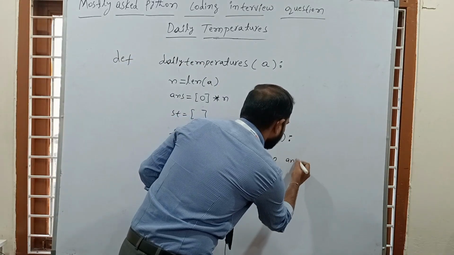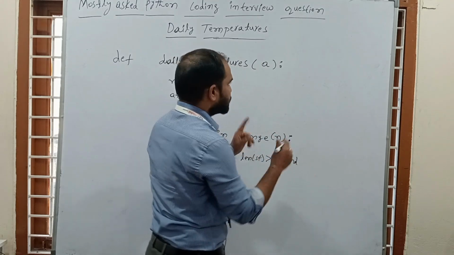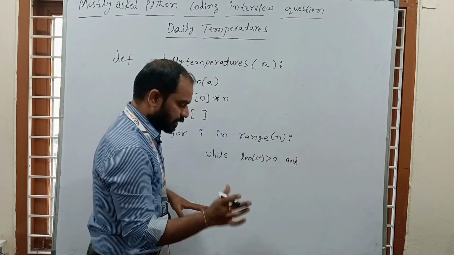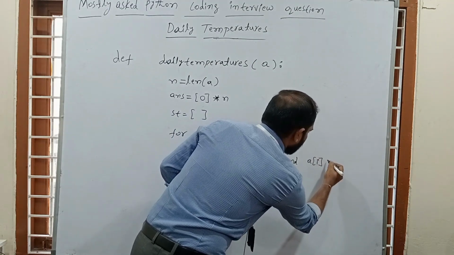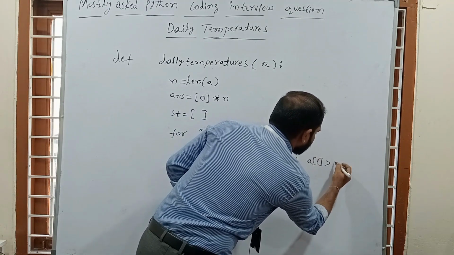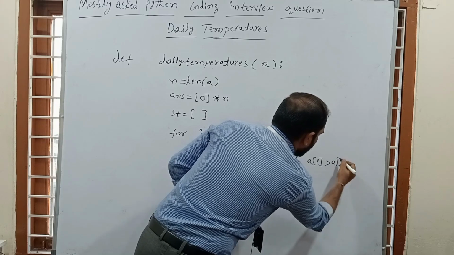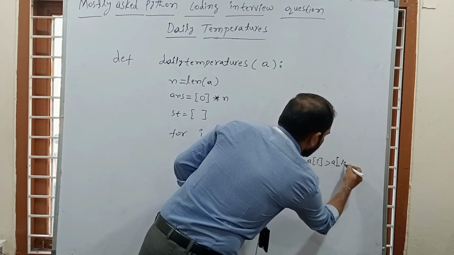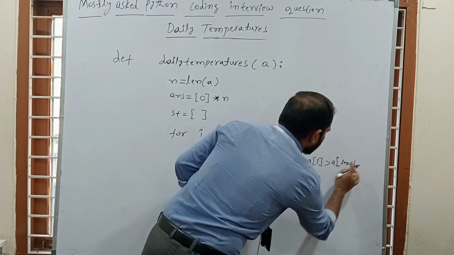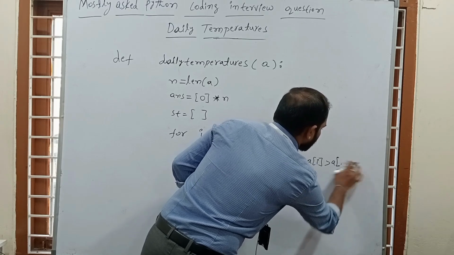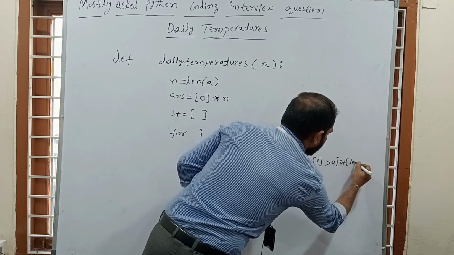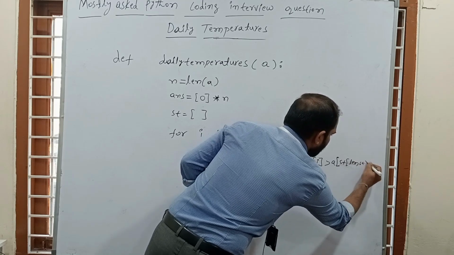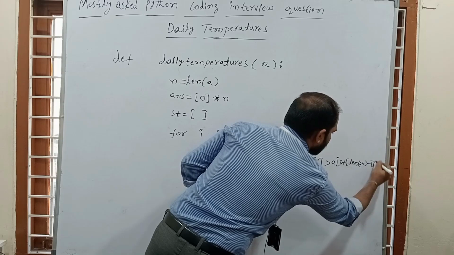And here now we need to check that particular temperature, right? So a of i greater than a of st of length of st minus 1.